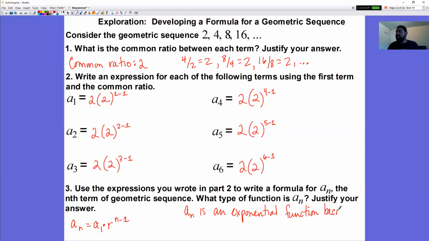Because the common ratio is the common base. Okay, the common base, and the base is just this number here. So let me clarify that this 2 is not necessarily the same as that 2 there, just to help you out here.